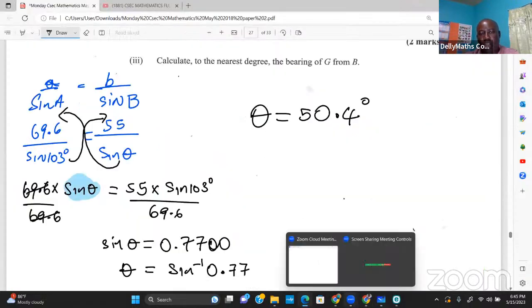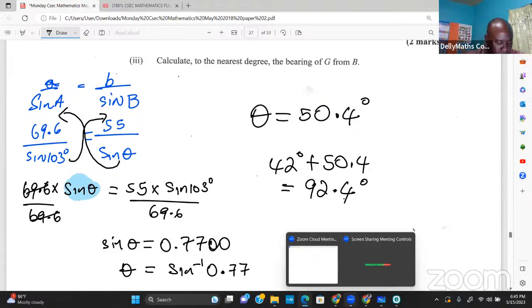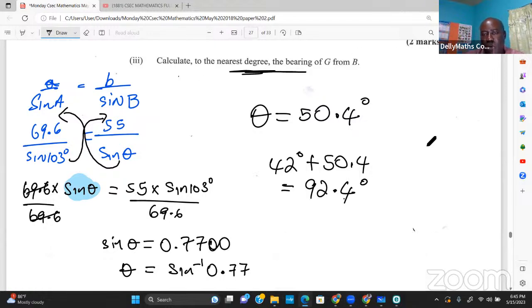So the bearing is our 42 degrees plus the 50.4, about 92.4 degrees. But the question said to the nearest degree, so we have to round this off properly to 92 degrees, or if you want to put 092, that's fine.